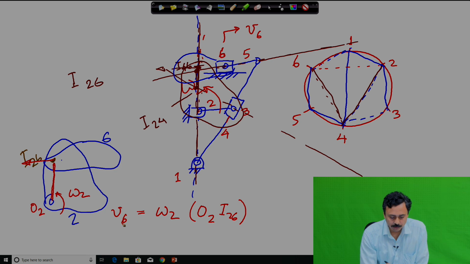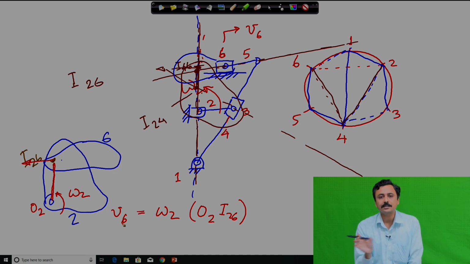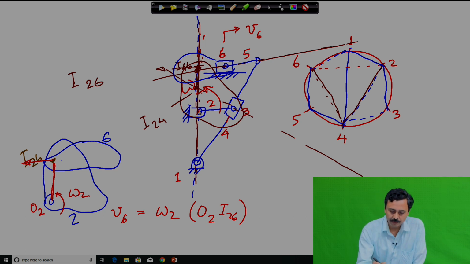So, this must be equal to V 6. V 6 is horizontal. So, once you have found I 2 6, you can find out that velocity of I 2 6 when it belongs to link 2, and that is precisely the velocity of link 6. And that is why this point I 2 6 comes on a line which is vertical from the hinge O 2.